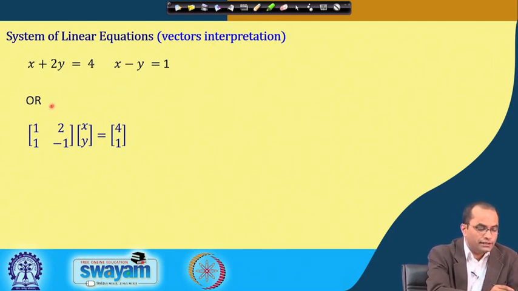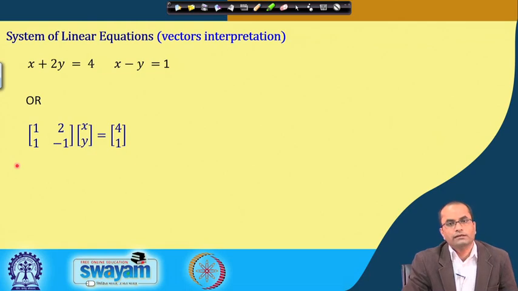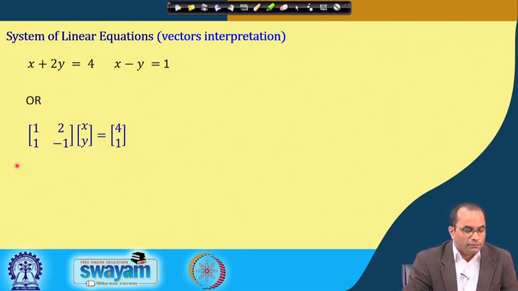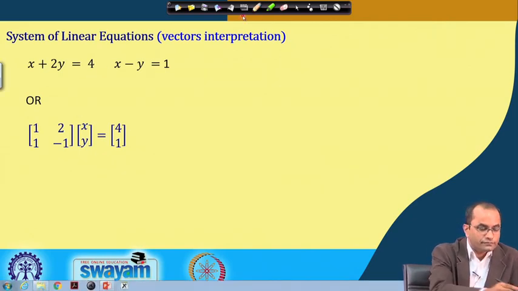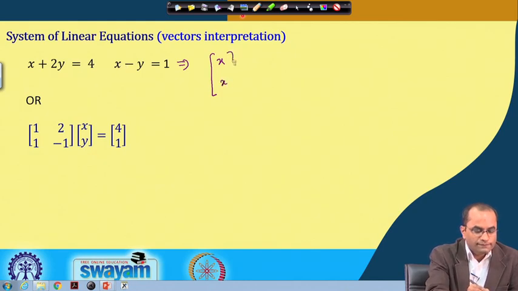So, we have seen that we had these two equations, which we have also written in the form of this matrix vector multiplication, but there is another way of writing this equation, because if I consider here x plus 2y and the second equation is x minus y. So, we can also write down this system like this: the first vector I will take x from this and also x from here, and in the second equation the rest, the y term.